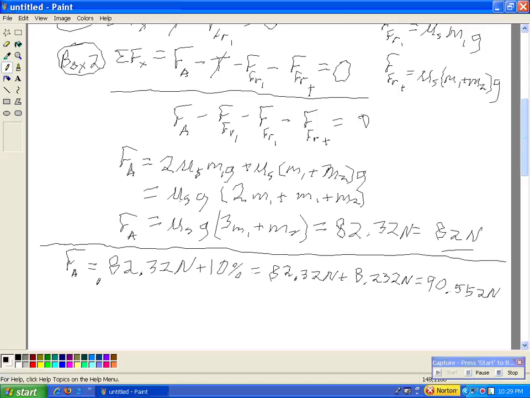Now, this formula is different. The sum of the forces is now different. We had that Fa equals the two friction forces, so that's the same, plus the friction force of the table, so that's the same.